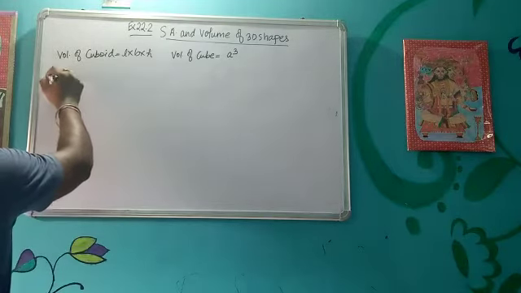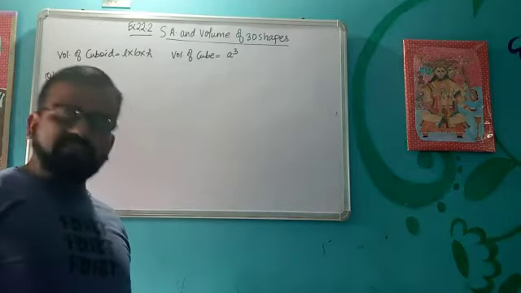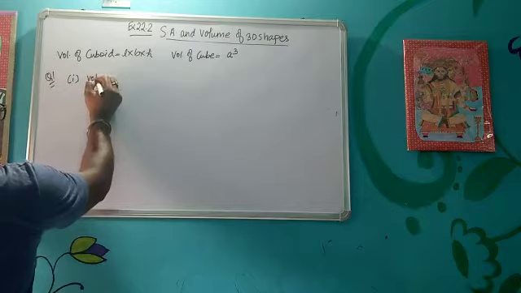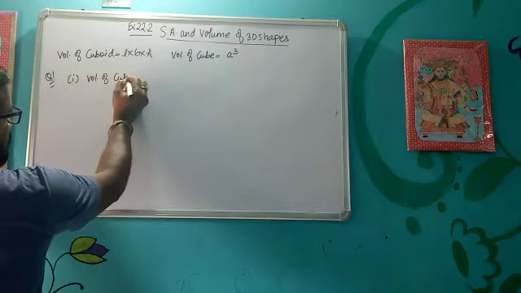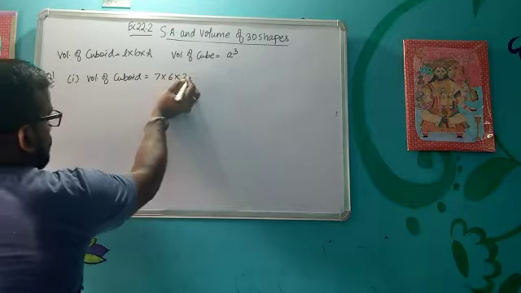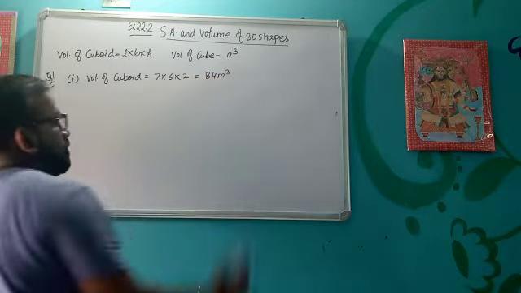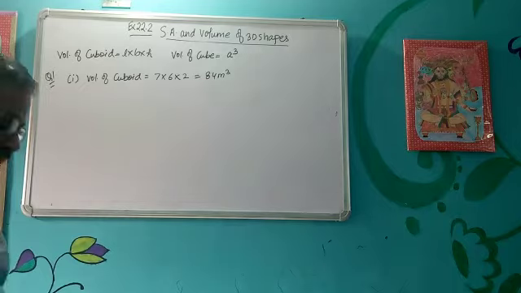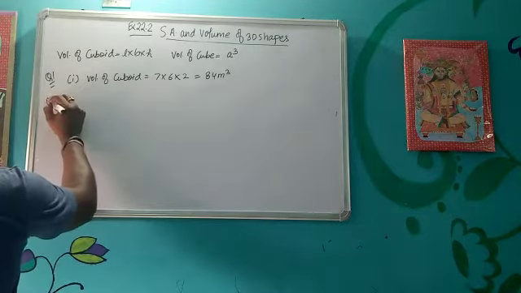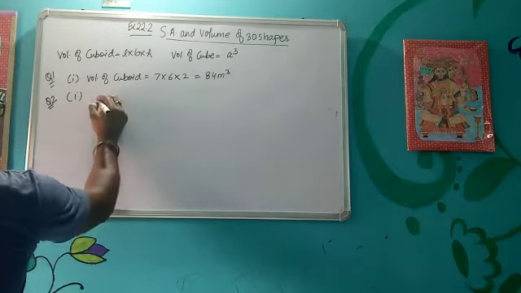So like in the very first question, a figure is given and we have to find the volume of the cuboid. So what will be the volume? Volume of cuboid will be 7 into 6 into 2, that is 84 meter cube. Okay, L into B into H. Then in question number 2, we have to find the volume of cube.